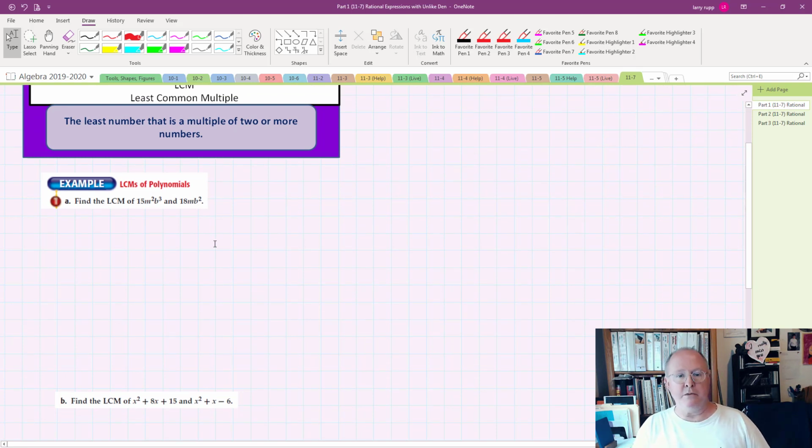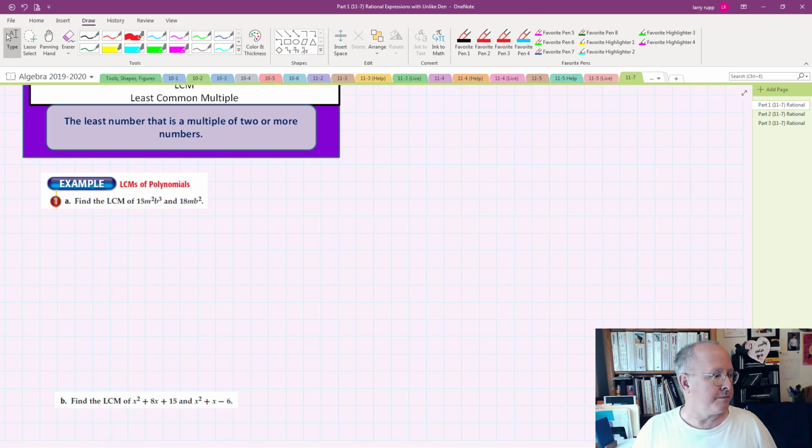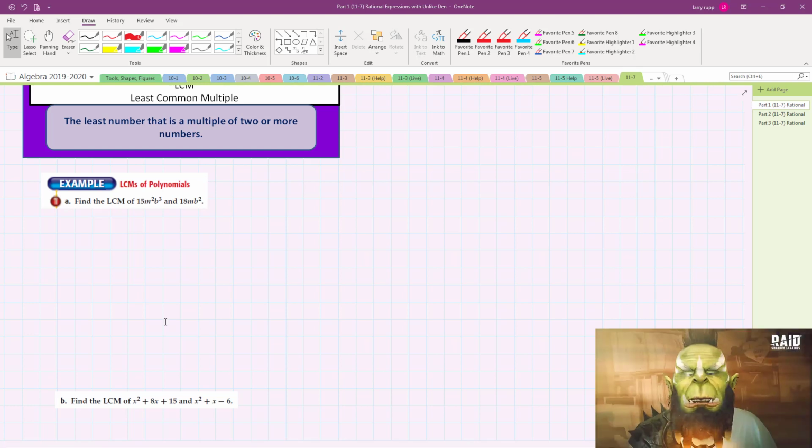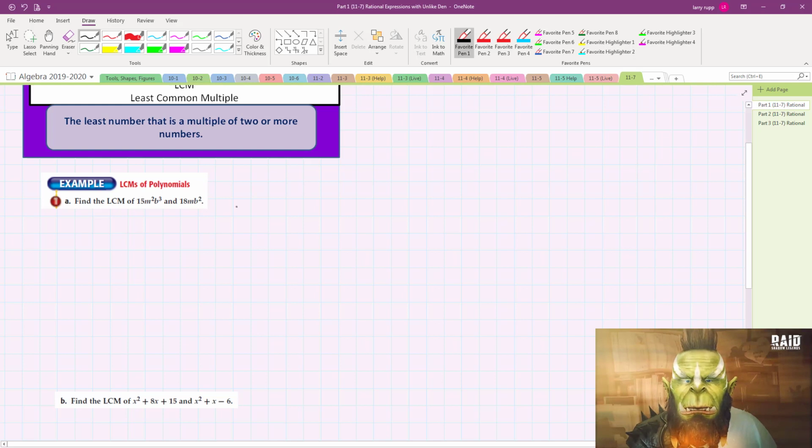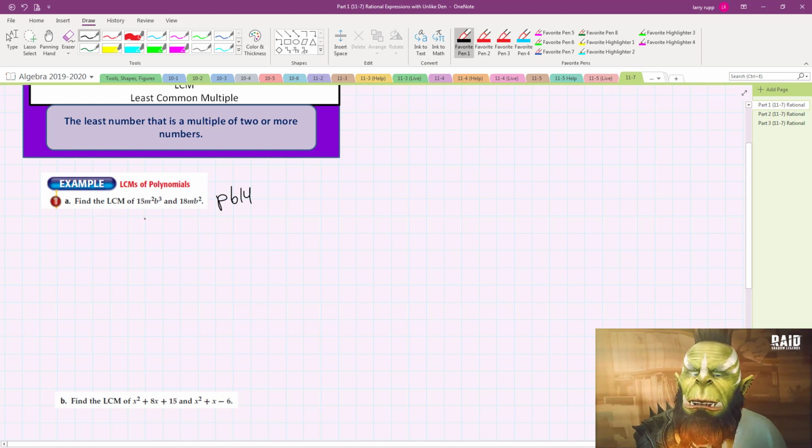So we're going to do example 1 on page 614. It says find the least common multiple of 15m squared b to the third and 18m b squared.